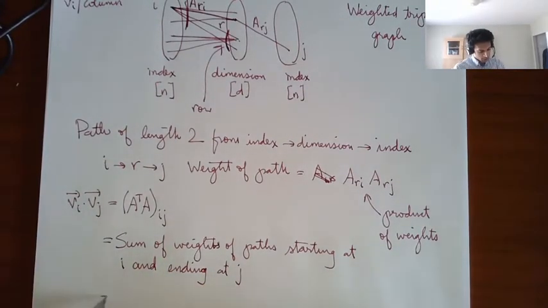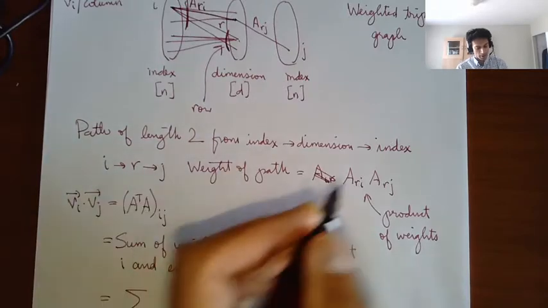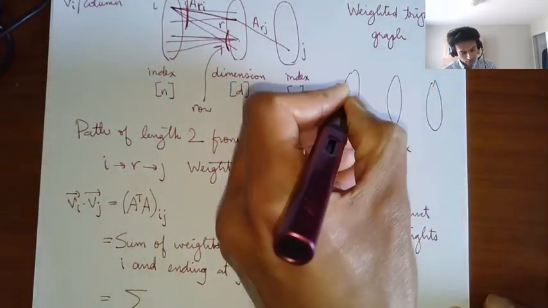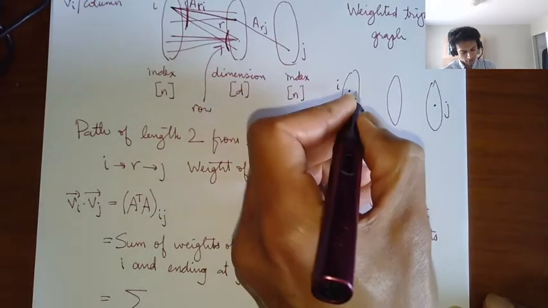Right? Why is that? Because if you look at, okay, so let's go back to this tripartite graph. Let's fix an I over here and fix a J over here.